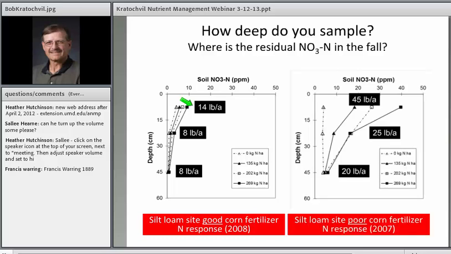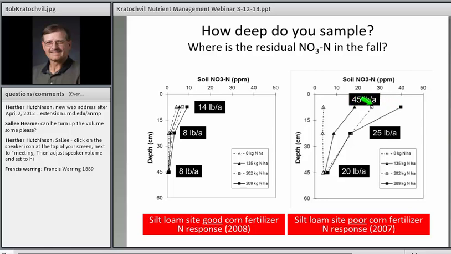Now let's look at an example where we had a drought year, had a very poor response of the corn to the nitrogen we supplied the crop. Here we have our 4 different fertilizer treatments for corn with the 0 here and the high rate over here, the 240 pounds to the acre. Again, we measured the residual nitrogen after corn harvest.